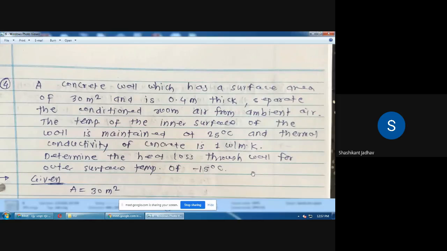separate the conditioned room air from ambient air, full stop.